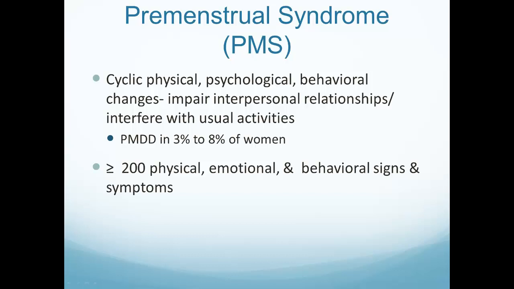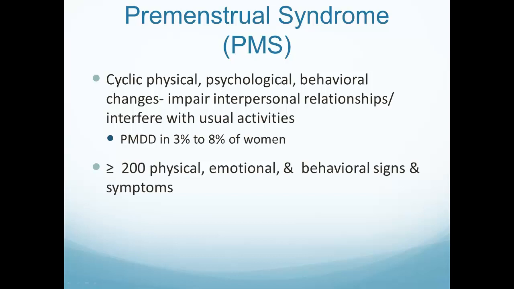Well, we think that it's probably because of the tissue response to the hormones more so than the amount of hormones. Certainly abnormal hormone levels can cause behavioral dysfunction, but it's more of a thought that it's the tissue response rather than the hormone amount.